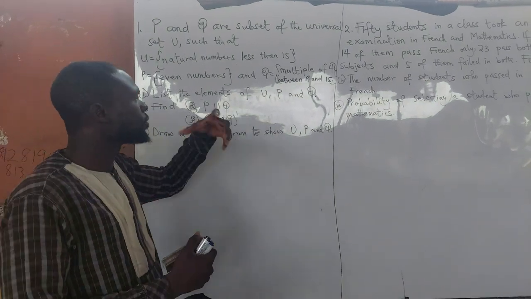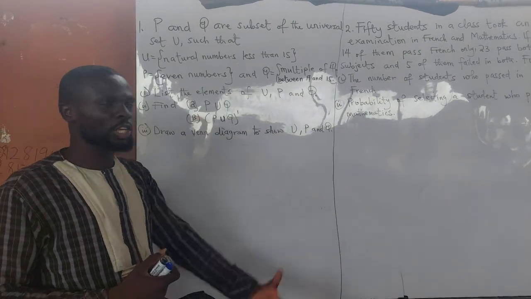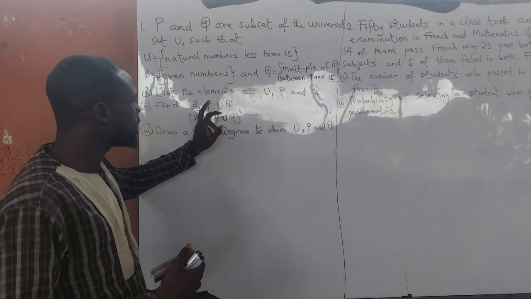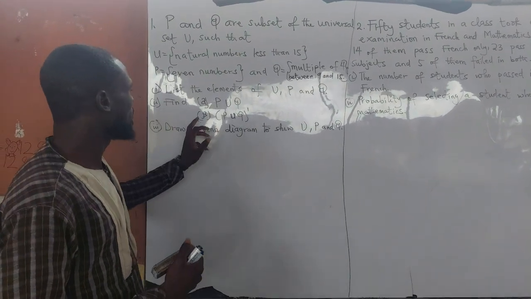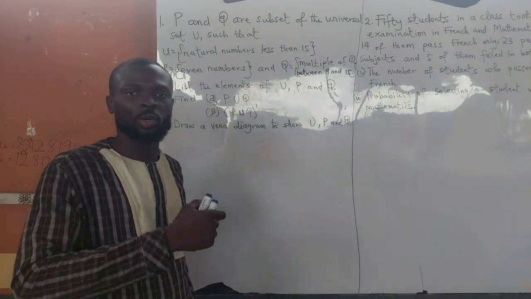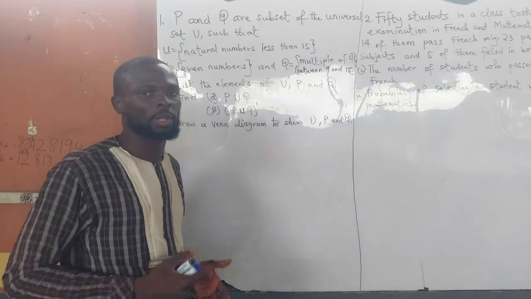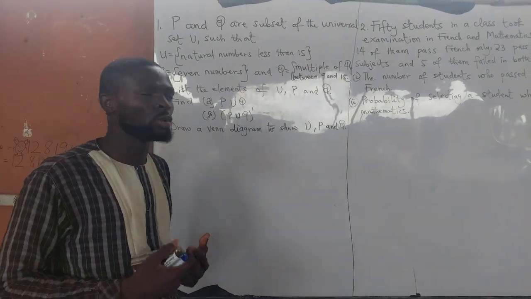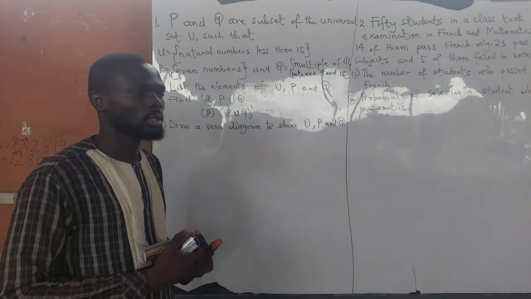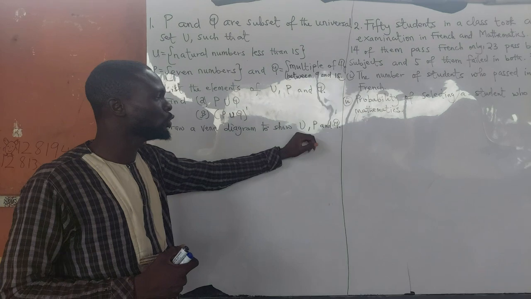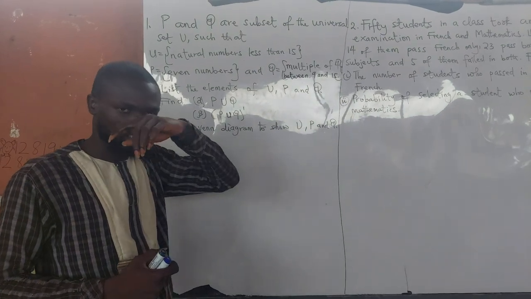List the elements of U, P, and Q. Find alpha, P union Q, and beta, P union Q prime, or complement. Then you have to draw a Venn diagram to show U, P, and Q.